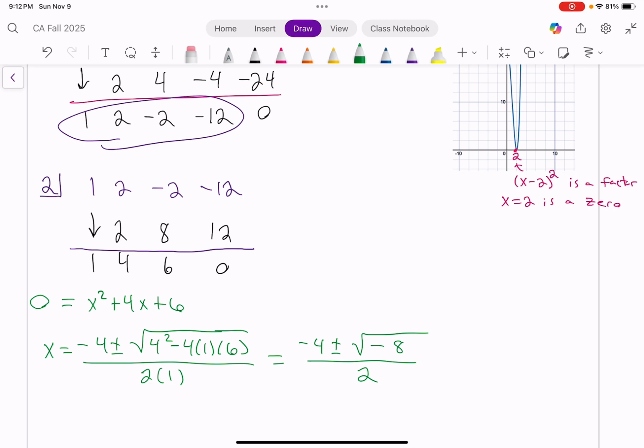Now we're going to try to simplify root 8. You might have learned this in geometry, doing a factor tree to pull out pairs. So root 8 simplifies to 2 root 2. But since it's negative 8, it'll be plus or minus 2i root 2 over 2.